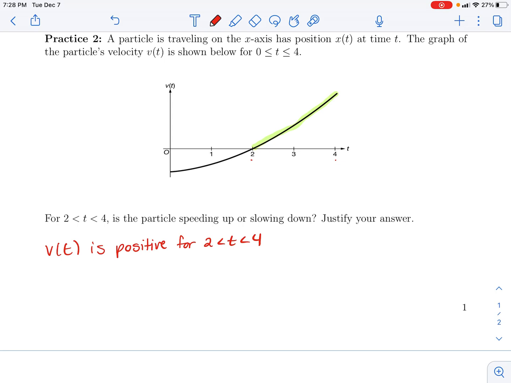Okay. And then now I need to look at the acceleration, and I need to figure out if that's positive or negative. So remember that a of t is equal to v prime of t. And so I want to know, is the derivative positive from 2 to 4? Now remember, the derivative is the slope of the tangent line.